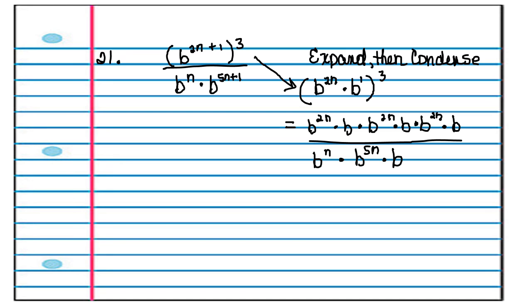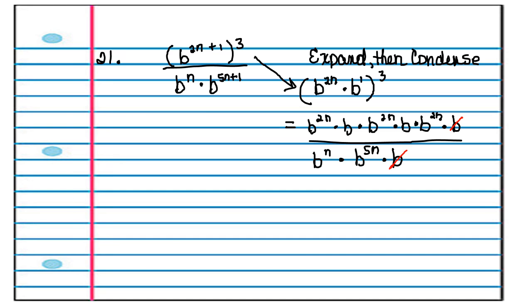So, you know, b to the power of 2n times b 3 times there. Took the bottom one, expanded it out also using the rules that we had. And now I'm just going to get rid of things. We have a b here, a b here.